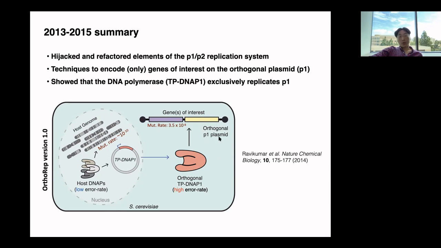And in early work, we showed that indeed the DNA polymerase did exclusively replicate this plasmid and not the genome, and vice versa, genomic DNA polymerases didn't touch our plasmid. So this was necessary and sufficient for replicating our plasmid.